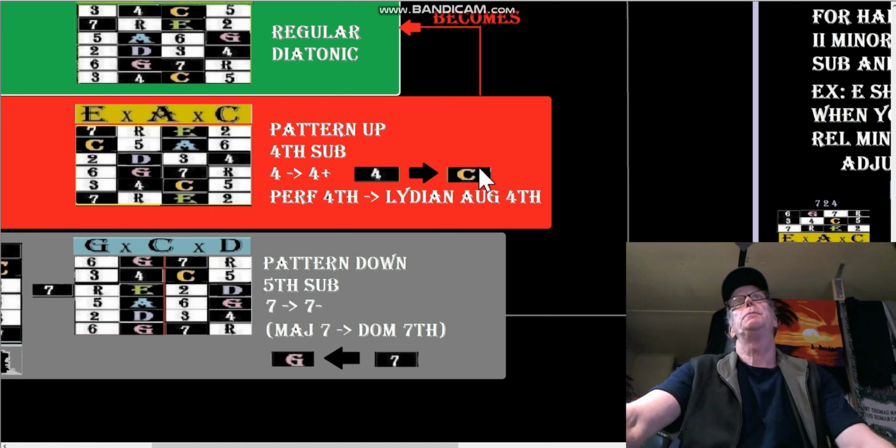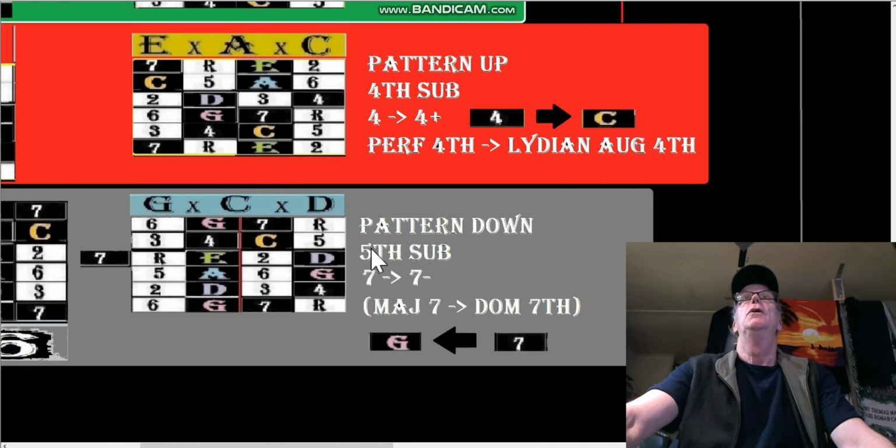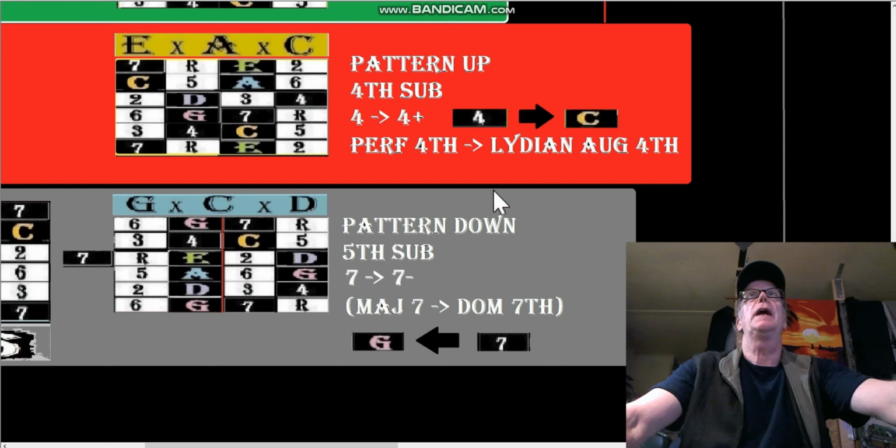Now these adjustments can be simplified. For instance, and this will bring us to our next chart in a minute, when we look at taking this 7 down to this G here, we're changing the polarity from positive to negative here.